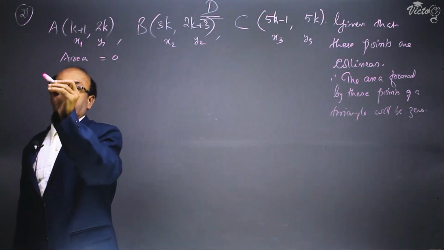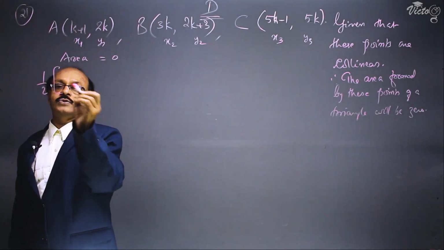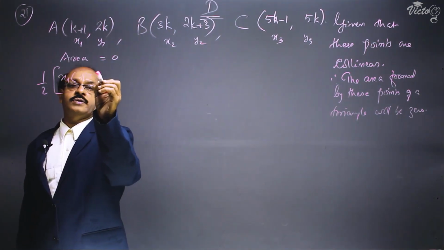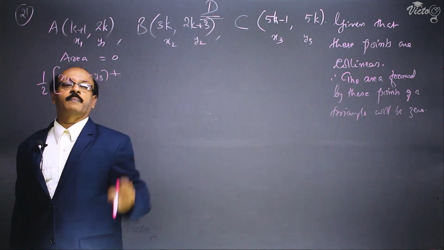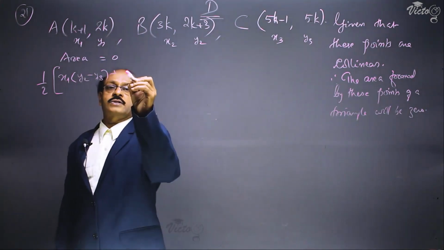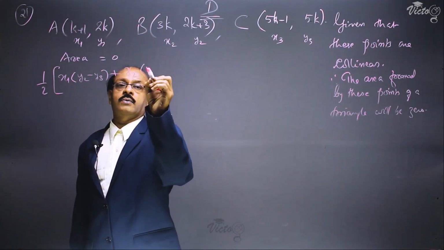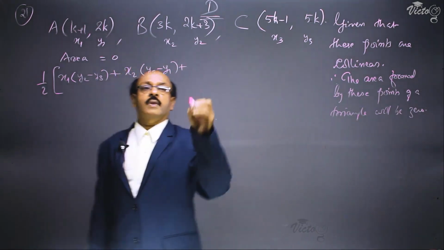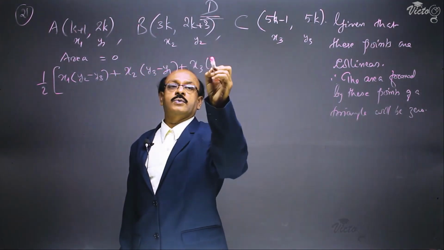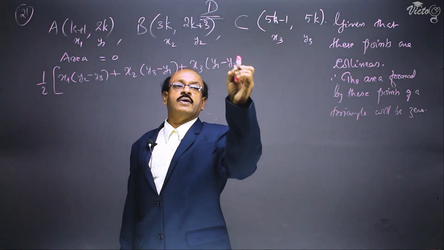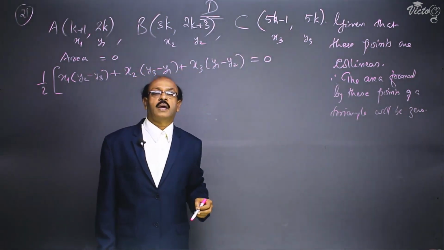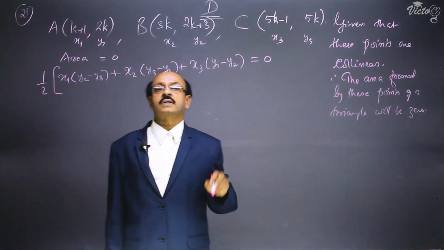Area is equal to 0 means half into x1 into (y2 minus y3) plus x2 into (y3 minus y1) plus x3 into (y1 minus y2) is equal to 0. This is the formula for finding the area of a triangle whose vertices' coordinates are given.